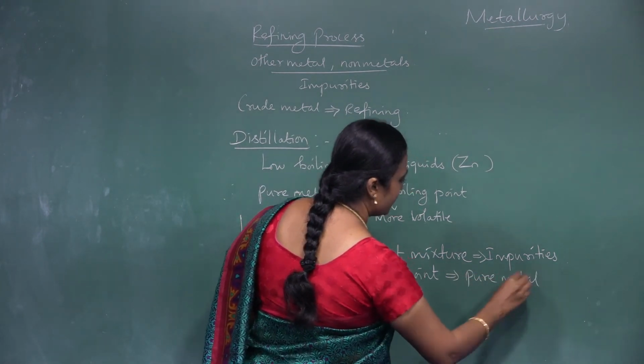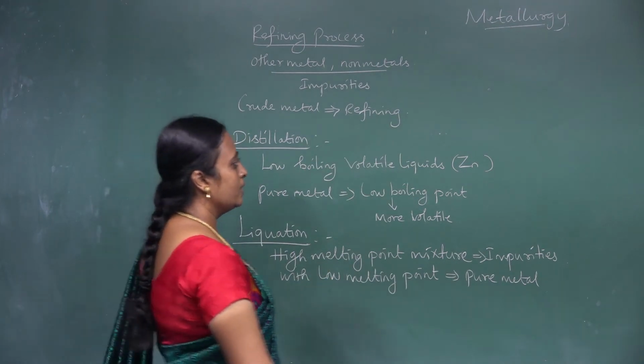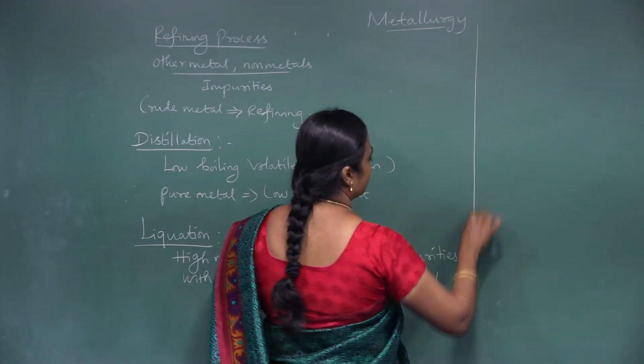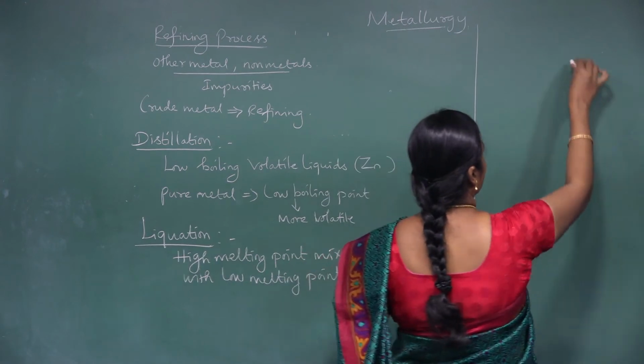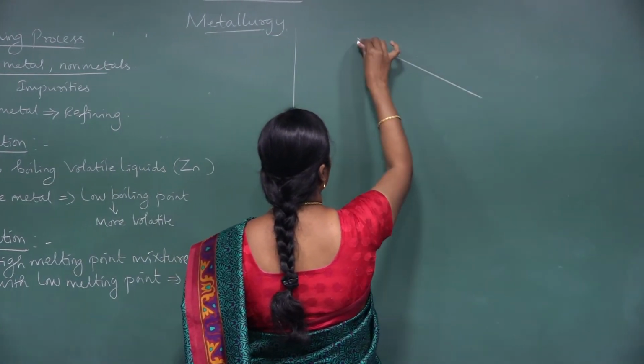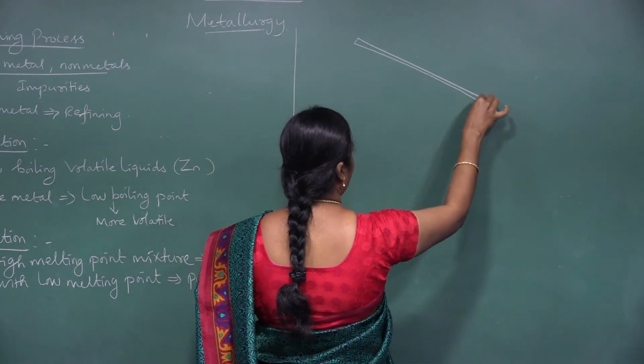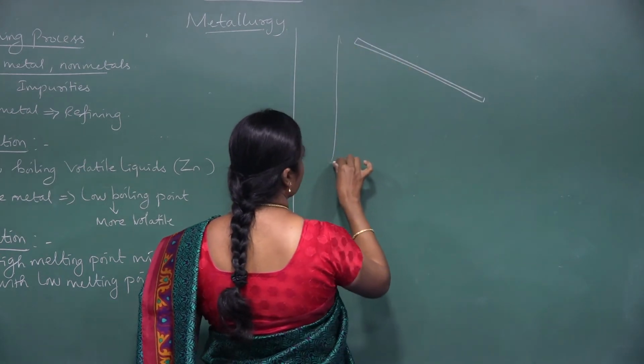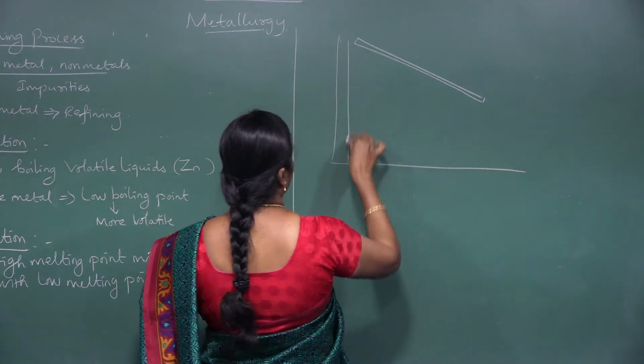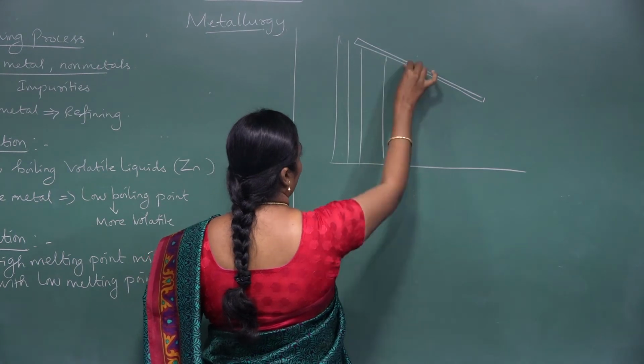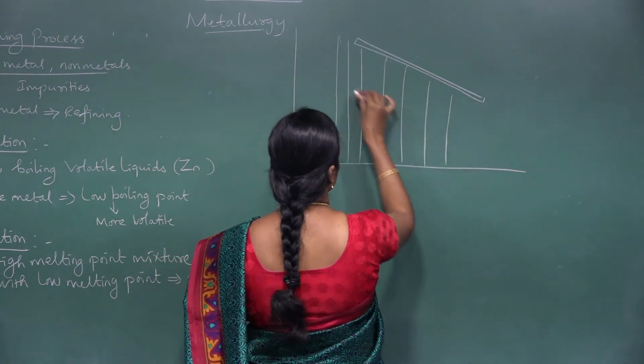For this liquefaction we have to consider a sloping earth. You can draw the structure like this, a sloping earth, and that is covered with a furnace, that is, we can cover it with a reverberatory furnace like this.